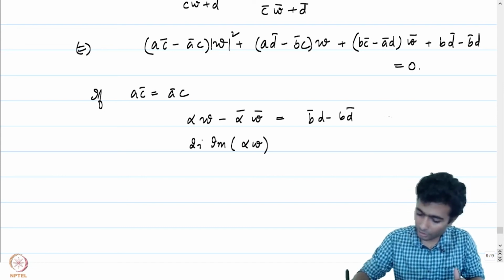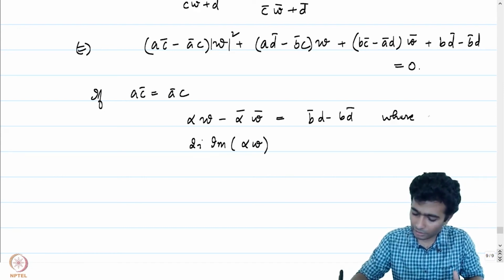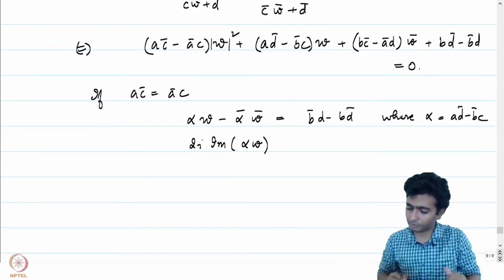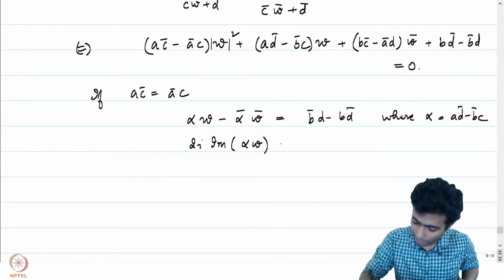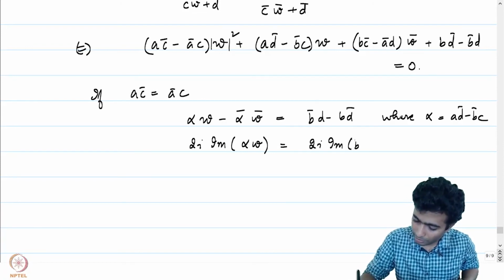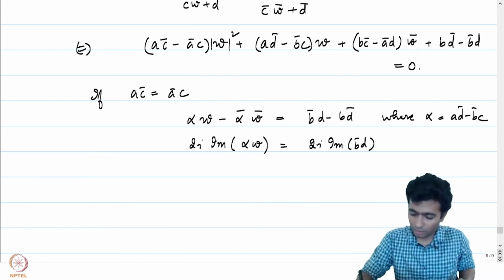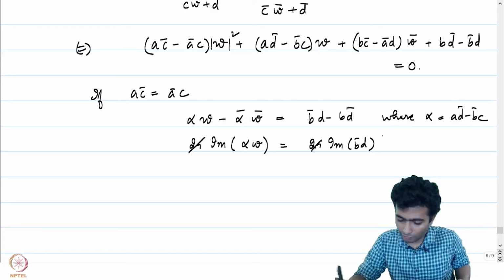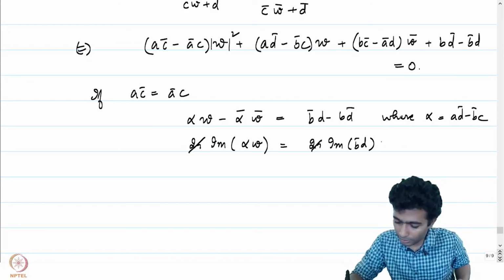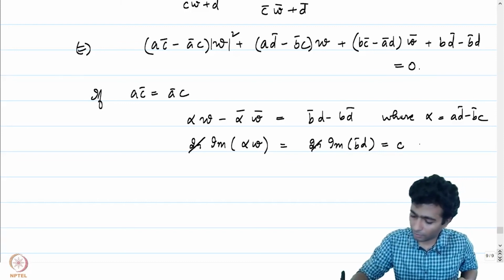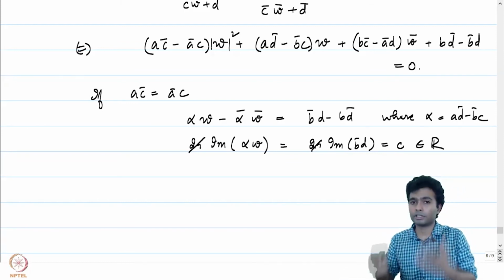So this is going to be 2i times the imaginary part of alpha times W. What is alpha here? Alpha is the right thing that you would have guessed: AD̄ − B̄C. And that is going to be equal to 2i times the imaginary part of B̄D. These cancel off, and that tells us that the imaginary part of alpha times W is a constant in R, which is the equation of a straight line.